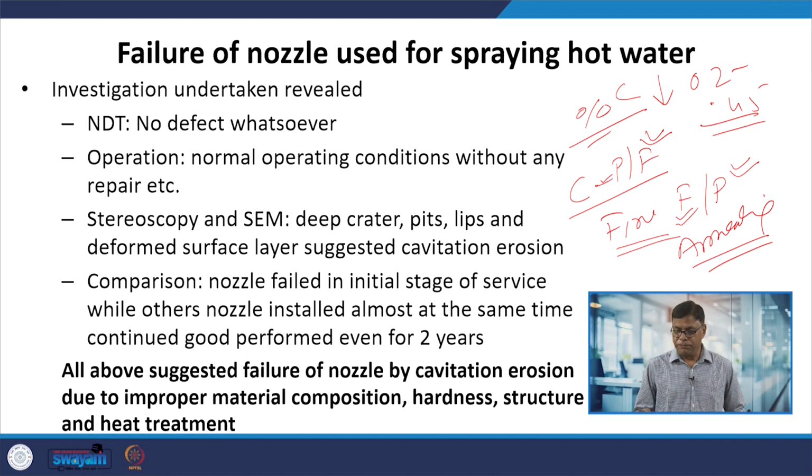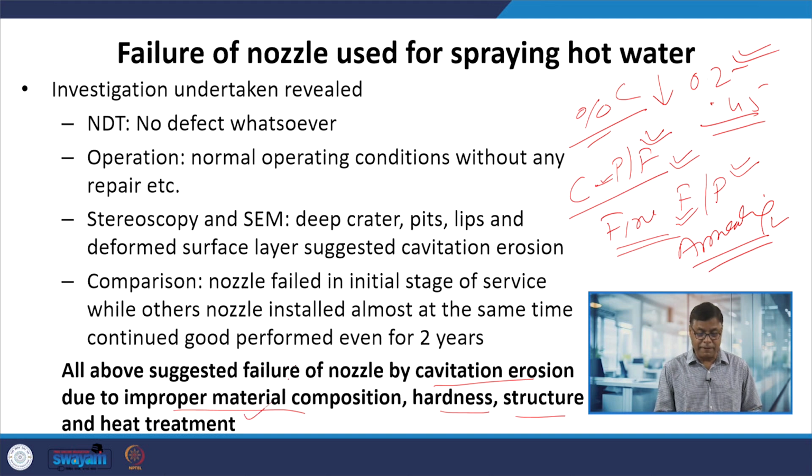So, the incorrect heat treatment resulted in coarse pearlite and coarse ferrite, and also lower hardness. So, these were the main reasons. Also, the carbon content was less. So, all of the above suggested that the failure of the nozzle by cavitation erosion was due to improper material composition, lower hardness, improper structure and the incorrect heat treatment that was applied.